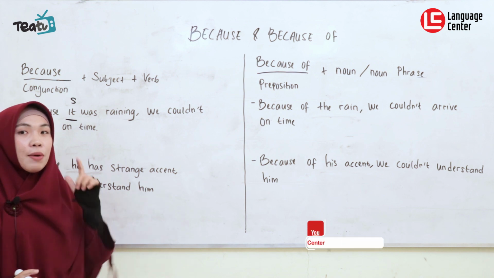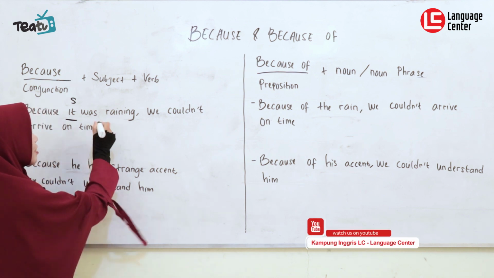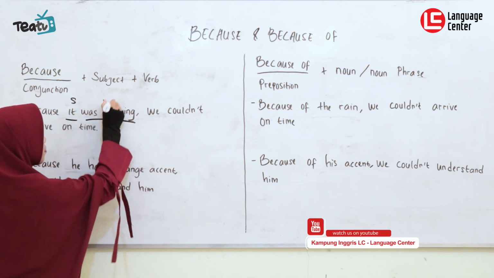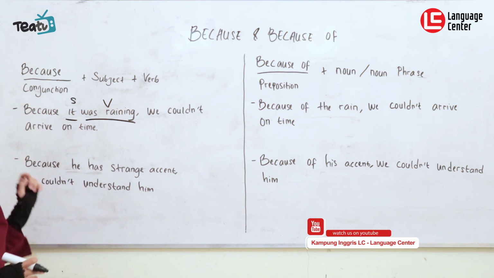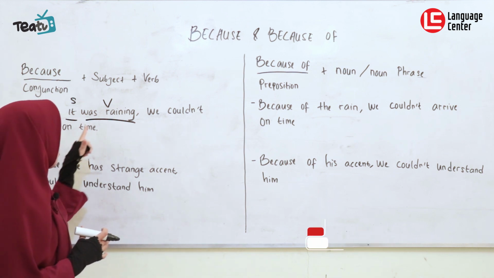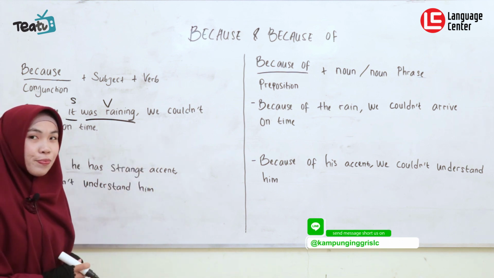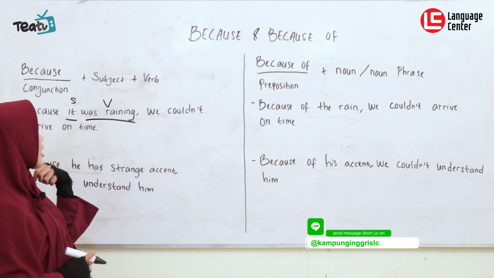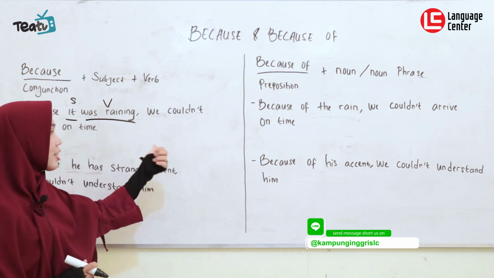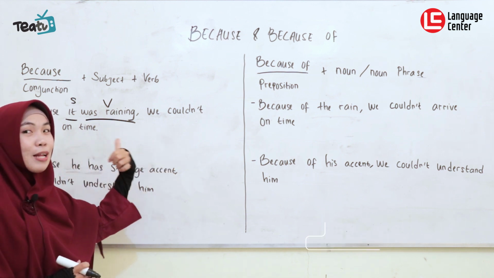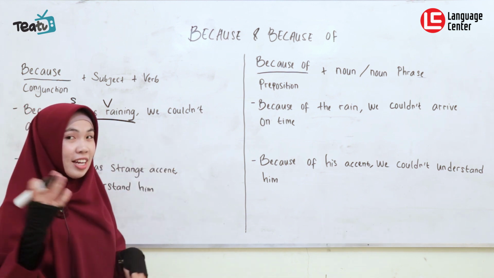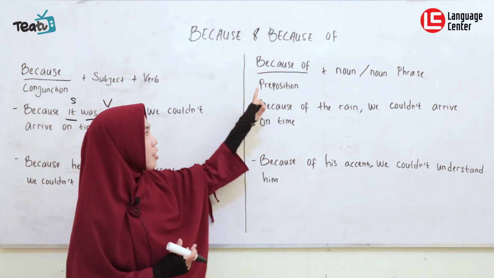Verb usually comes after subject, so was raining is the verb. Let's read it together: Because it was raining, we couldn't arrive on time. Or in Bahasa, karena sedang hujan, kita tidak bisa datang tepat waktu. Can you get it? Okay, next.